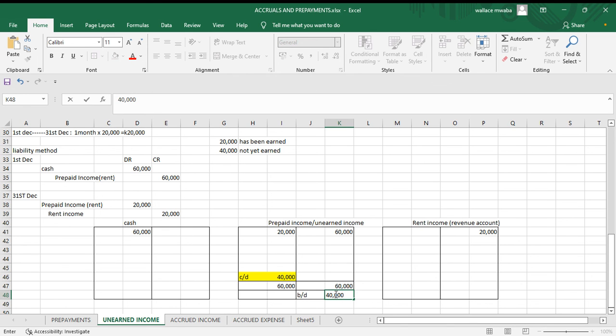You're going to find this liability in your balance sheet. Remember, liability accounts are found in your balance sheet. Then this rent revenue, we are going to find in our statement of profit or loss. After you find your gross profit, any other forms of income are added to your gross profit.